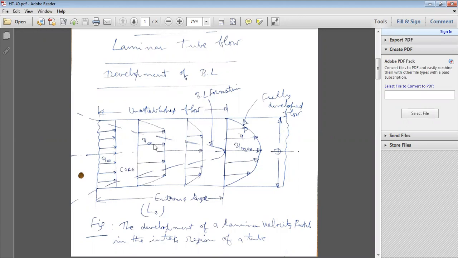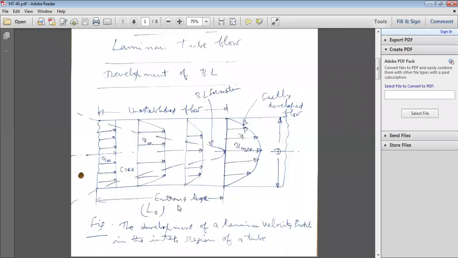After reaching some distance, the velocity profile slightly changes, and further away from the entrance it changes again. Then the boundary layer forms and its thickness grows along the top and the bottom walls.